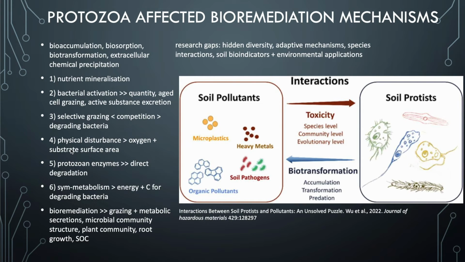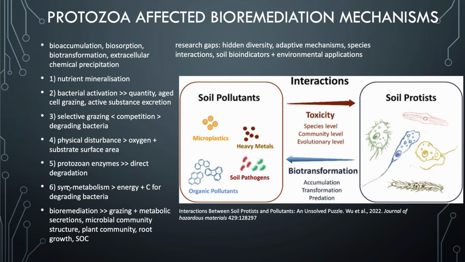So just by the protists physically mixing the soil and making space in the soil for oxygen and water to enter, this mechanistic movement allows for an increase in bioremediation potential. There are also specific enzymes that some protists produce that have a direct degradation capability. So the protists themselves are actually capable of degrading the particular pollutant.